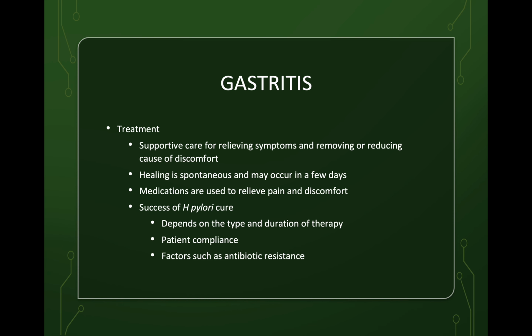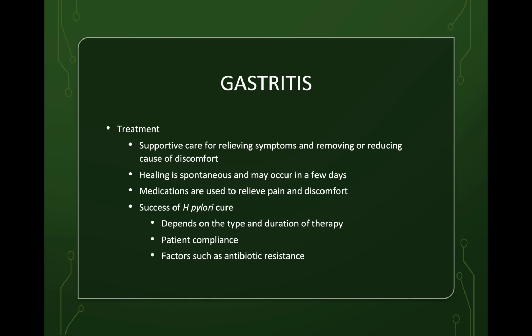Another class of medications you might see utilized is something called an H2 antagonist. That stands for histamine. Now, we talked about histamine as it related to allergic reactions. This is a different classification of histamine. They work on different receptors than proton pump inhibitors, but the end result is very similar.